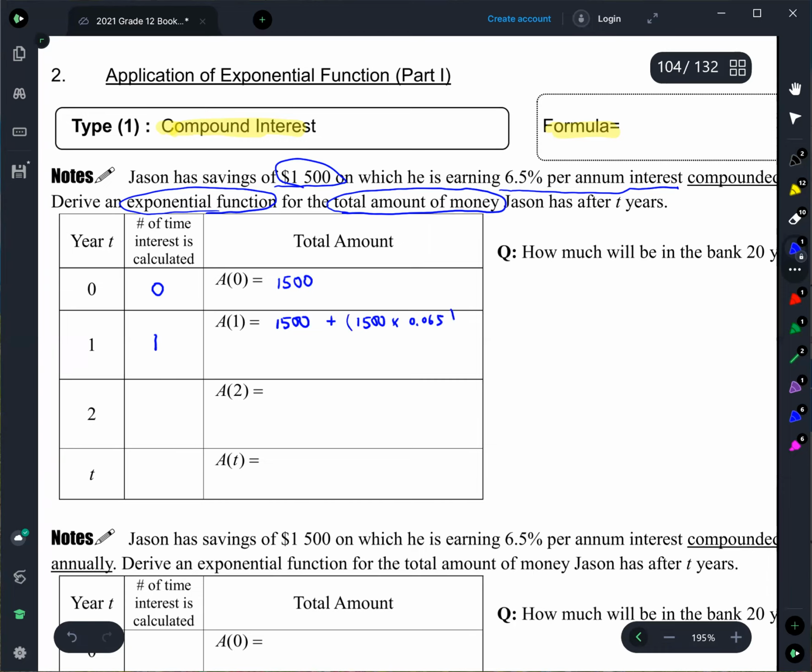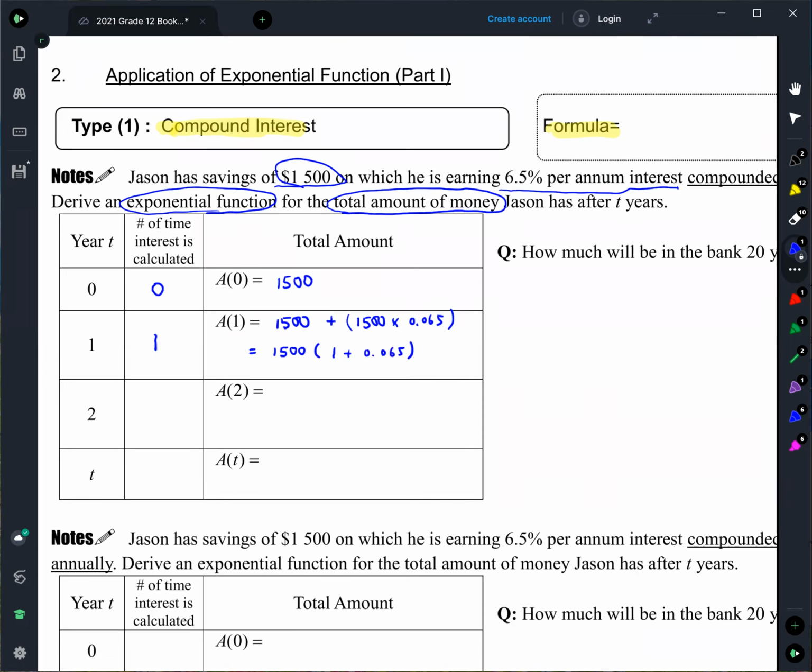This part in the bracket is the interest. Because both terms have 1,500, I'm going to factor it out. So it becomes 1,500 times 1 plus 0.065. This amount is called A1.